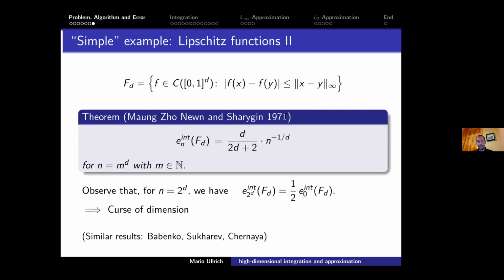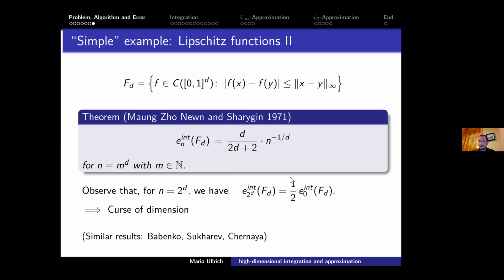Then it's known since the 70s that the worst case error for numerical integration in these classes is exactly d divided by (2d plus 2) times n to the minus 1 over d. That's just an exact formula. What do we get from that? We get that if n is 2 to the d, you can just plug 2 to the d in here, and we see that we only reach an error of 1/2.